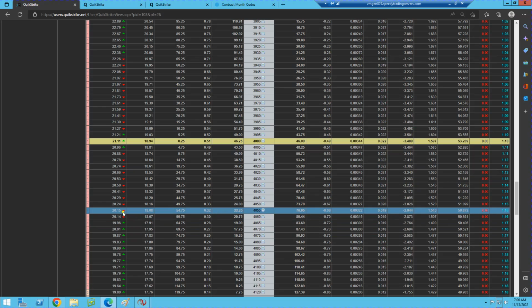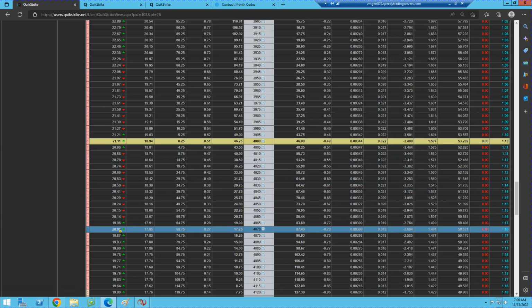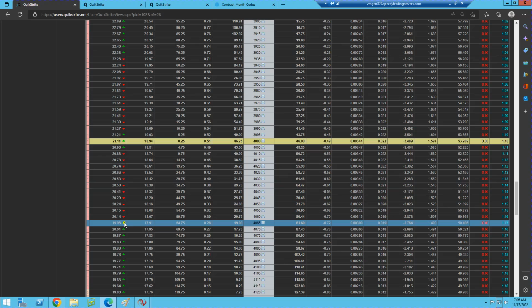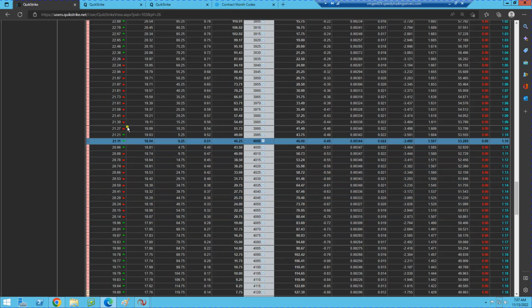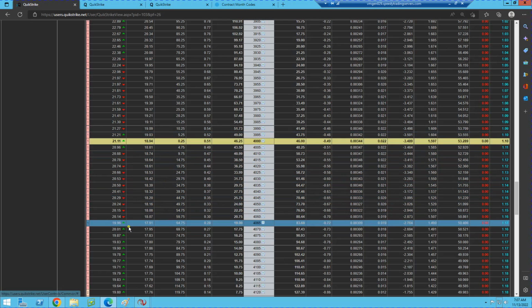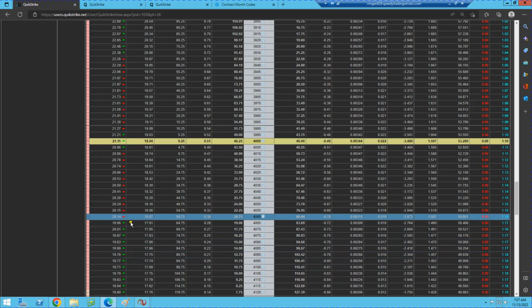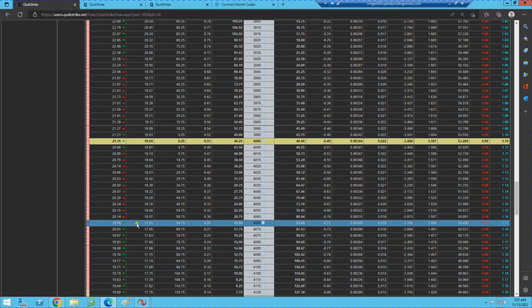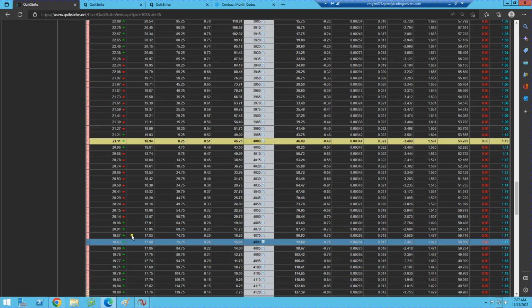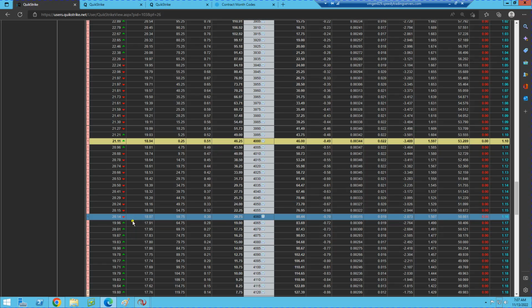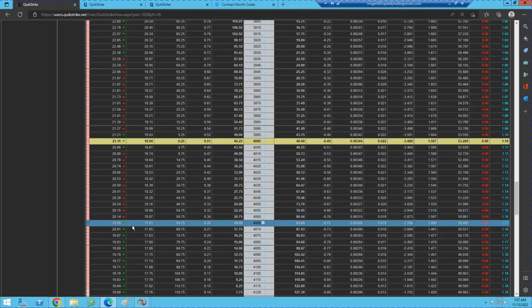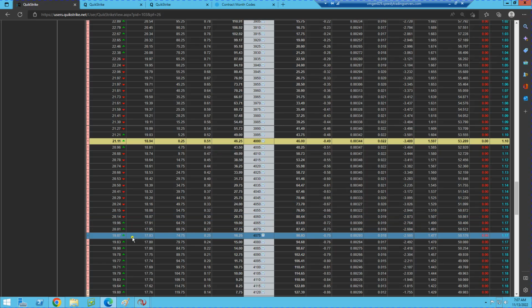But right here, this red green combination for the weekly shows you that the market will be flipping from at the money to in the money. And in the money, higher would mean that they would be buying calls higher.